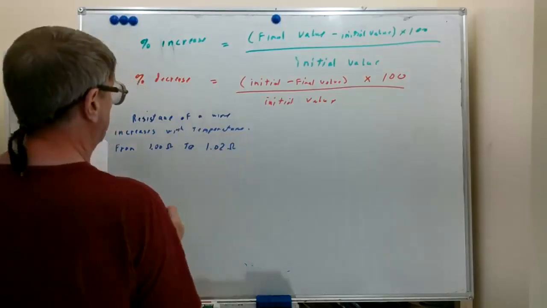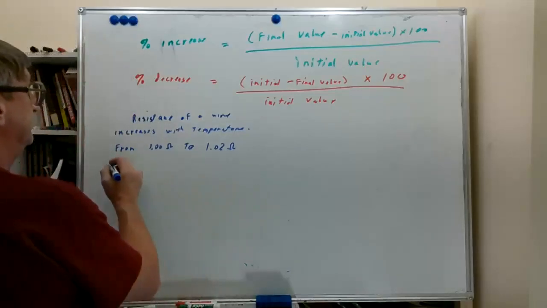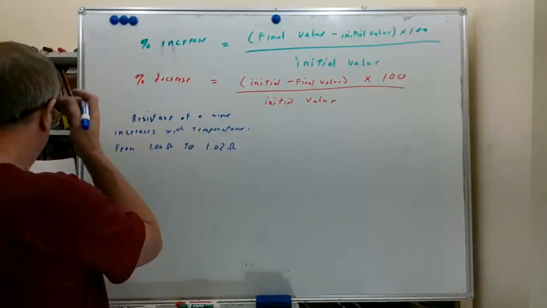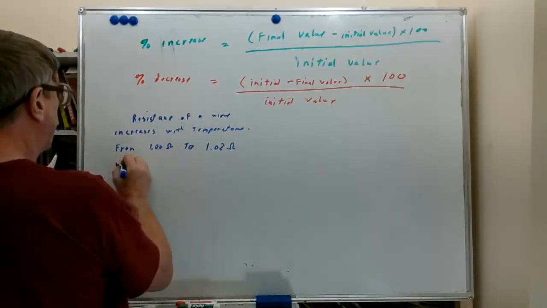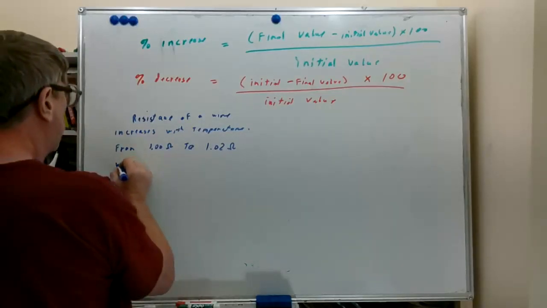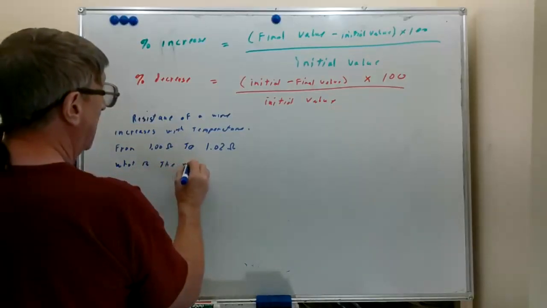Again, the omega symbol to represent ohms for resistance when heated. With temperature, when we got hotter, the resistance increases. And we want to know what is the percentage of increase.